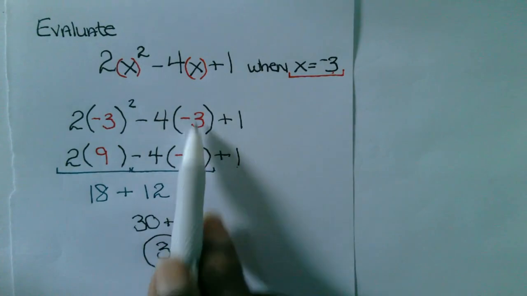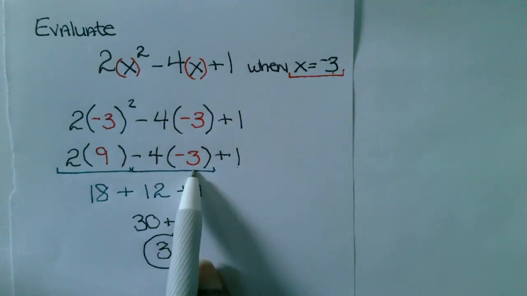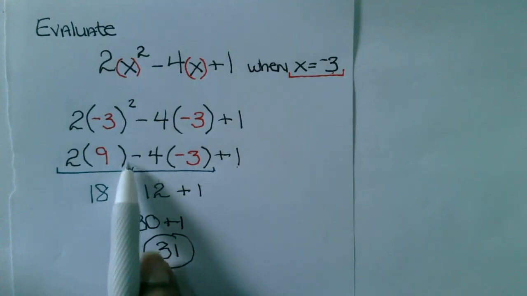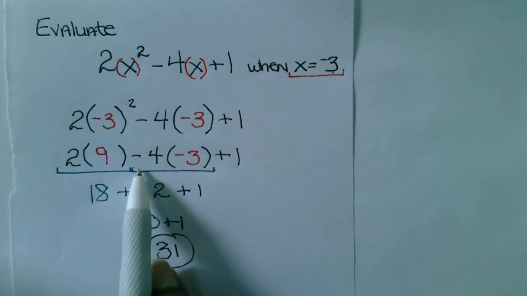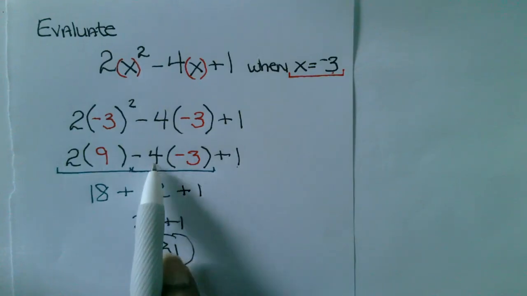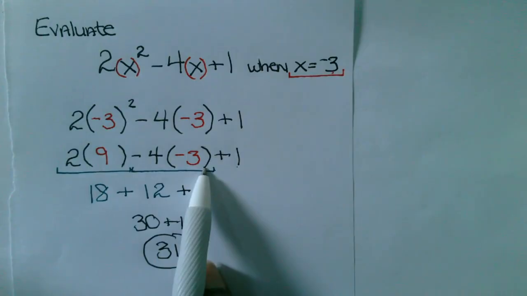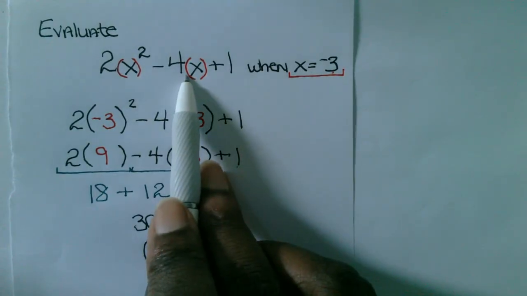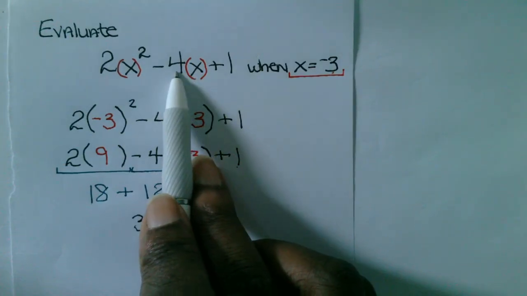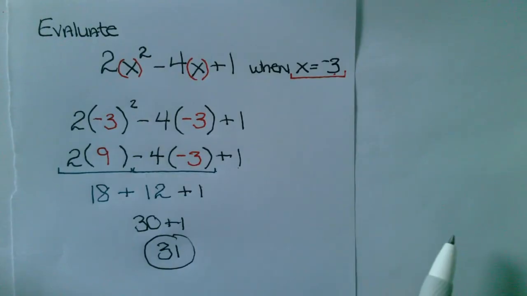And we already plugged in the -3. A lot of people keep thinking, oh, I'm subtracting. But you're not subtracting, because this -4 is outside of a parenthesis, and the parenthesis means multiplication. If you don't see a plus or a minus sign between the number and the variable, that's assumed to be multiplication.